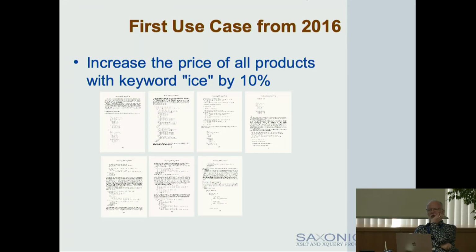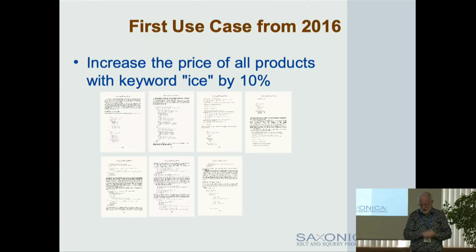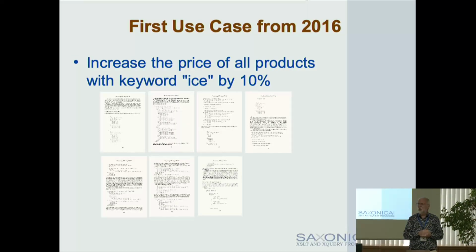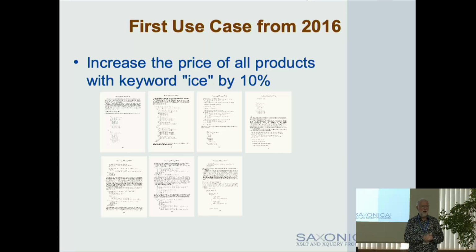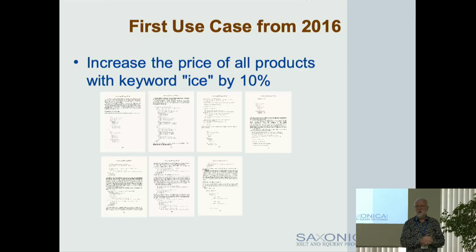So the first use case that I did in 2016 that showed this was difficult was to take a fairly similar kind of JSON data set and say, how do we increase the price of all products with a particular keyword by 10%? And I explored various ways of doing that, and there are the 7 pages of the paper from 2016 that describe the solution.